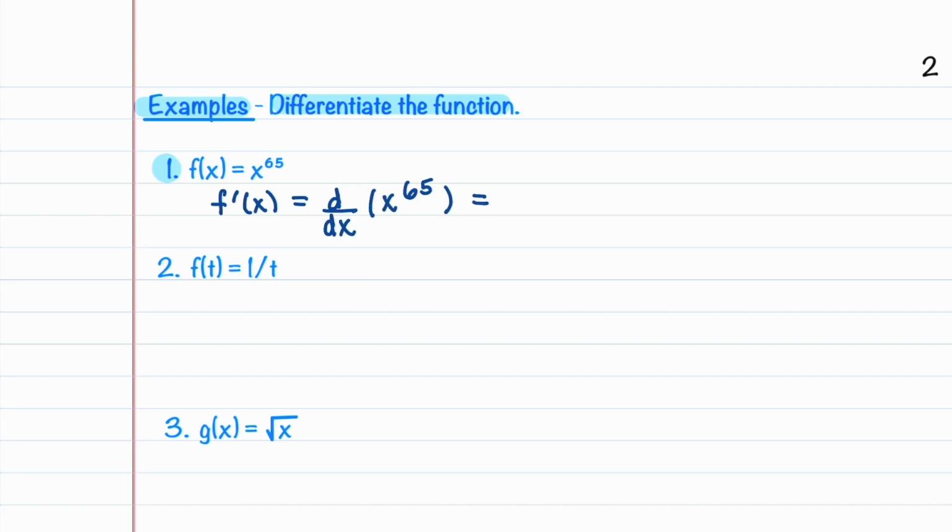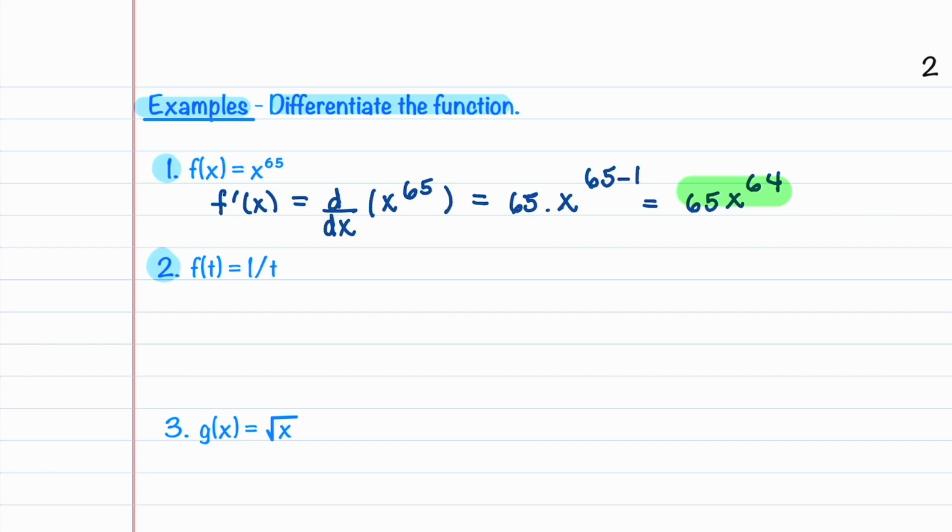Using the power rule, we are going to take the 65 that's in the exponent, pull it out in front, and then multiply it by x to the 65 minus 1. So you're going to subtract 1 from your exponent. This gives us 65x to the 64th power. And that's our derivative.